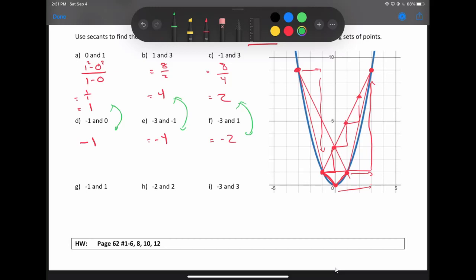Okay, now the last ones. These ones are going to be kind of easy. I'm going to leave it on green. If we want to do the slope between negative 1 and positive 1, that's a flat line. That's just 0. Between negative 2 and positive 2, 0. And between negative 3 and positive 3, 0.